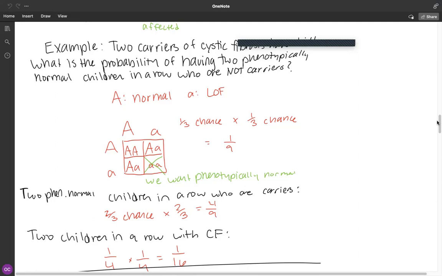So we're looking at the probability of being a carrier within that 3 out of 4. So I got rid of the affected square. And so we are wanting the phenotypically normal children who are not carriers, meaning that they have to be homozygous dominant. And so in the squares we have remaining, we have 1 out of 3 that are not a carrier. So you have a 1/3 chance of being phenotypically normal and not being a carrier.